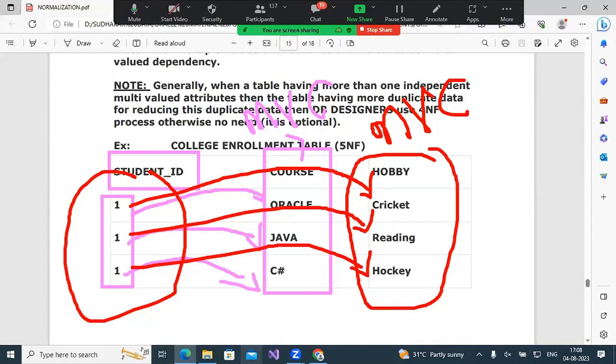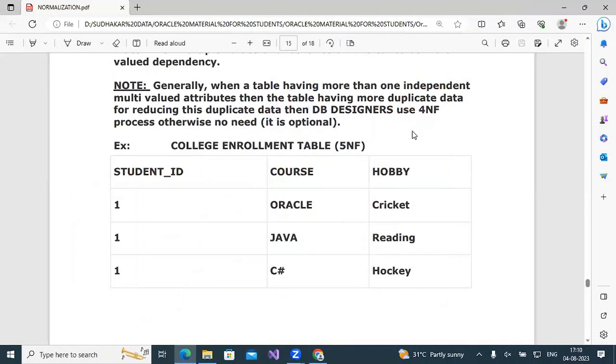Their data never depends on each other, because between hobby and course there is no meaning. So both are independent multi-valued columns.